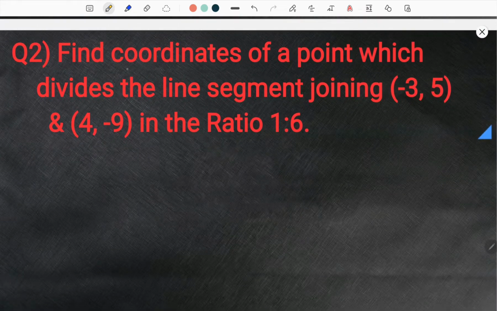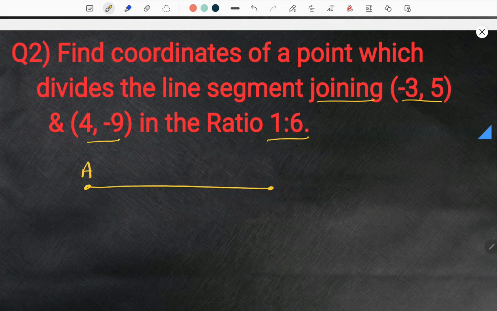Alright, moving forward to the next question. They are asking, find the coordinates of a point which divides the line segment joining minus 3, 5 and 4, minus 9 in the ratio 1:6. For example, we have one point A and another point B. The coordinates of A are minus 3, 5 and B is 4, minus 9.